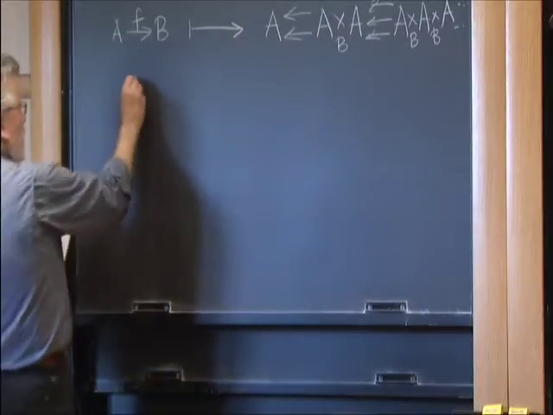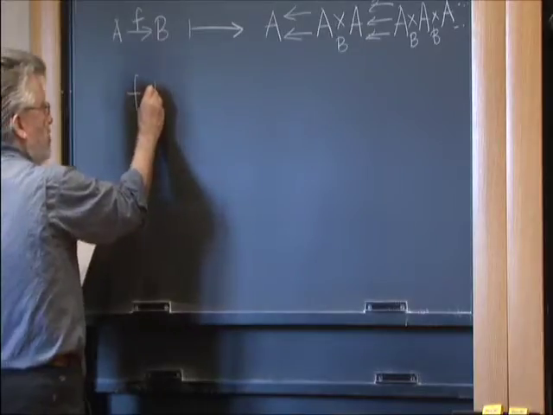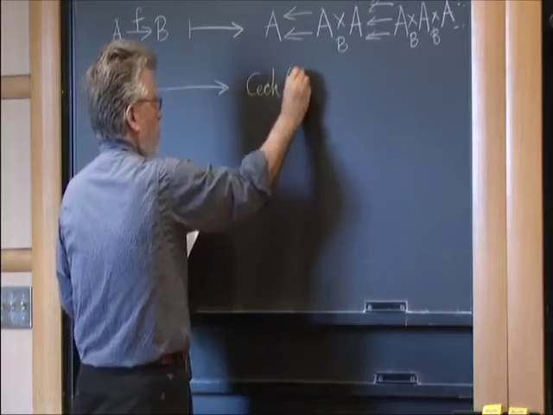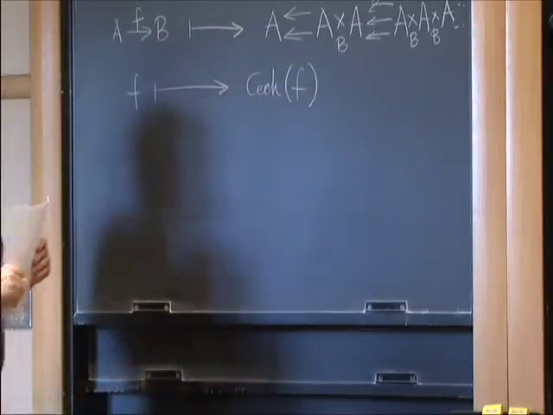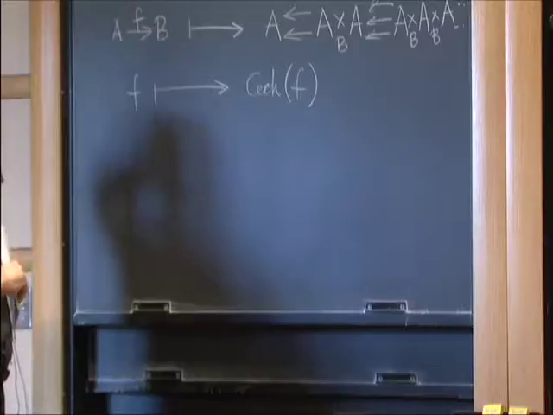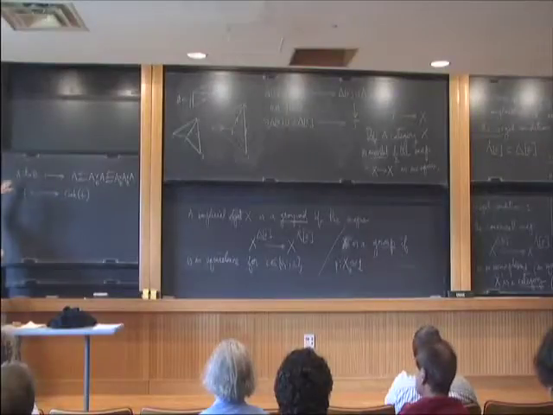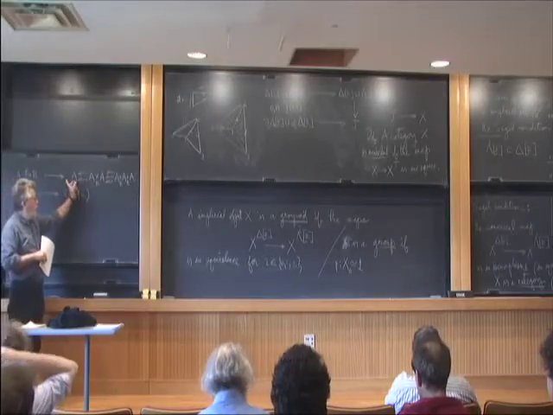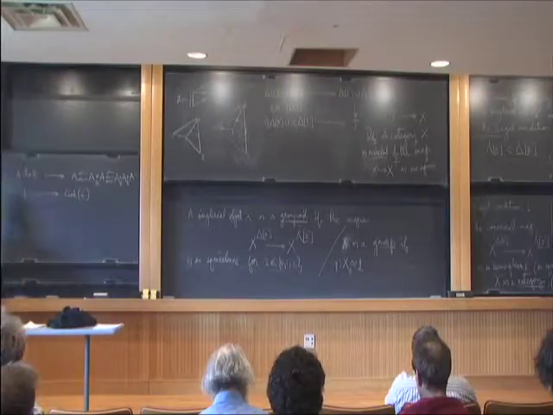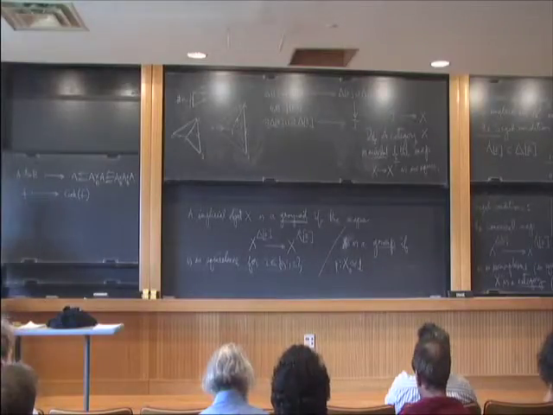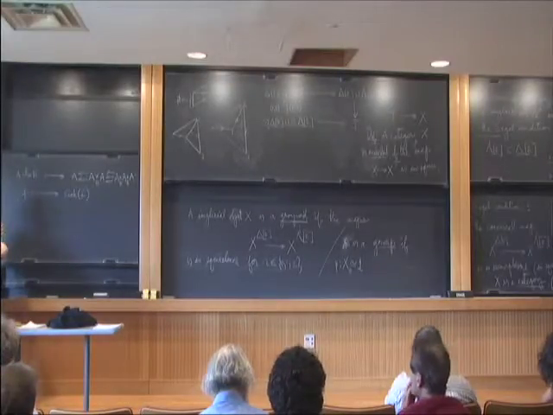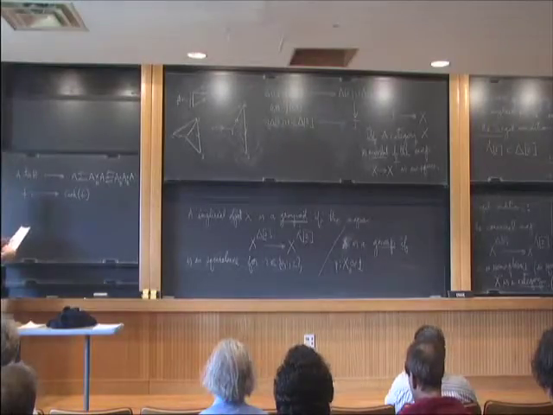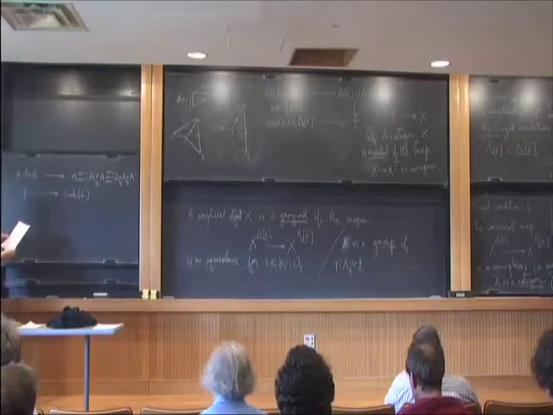And I like to call this the Cech groupoid of F, because in computing Cech cohomology, you take a covering A of a space, and you use this simplicial object to define the cochain complex of Cech cohomology corresponding to the covering A. So we may call that the Cech groupoid of a map.